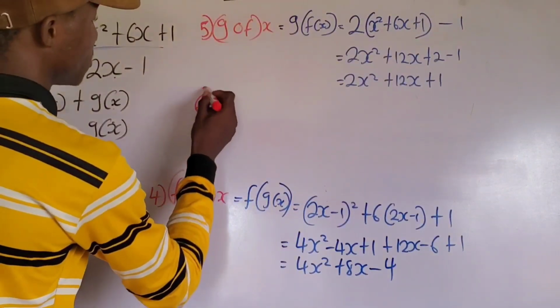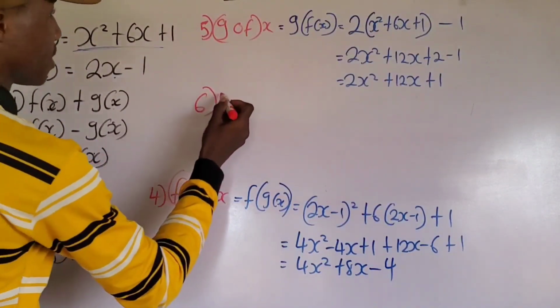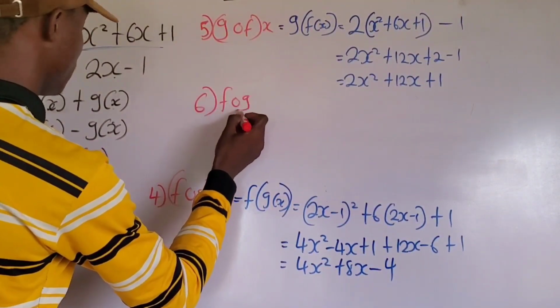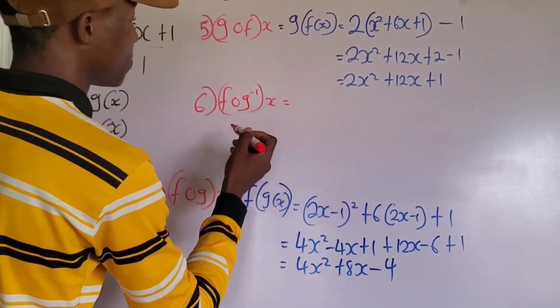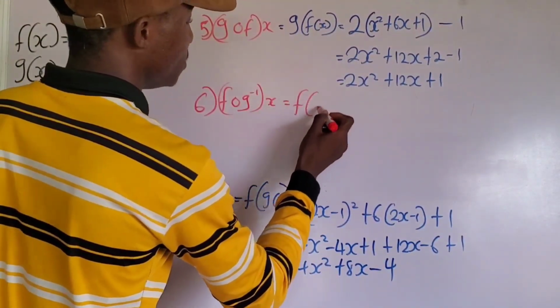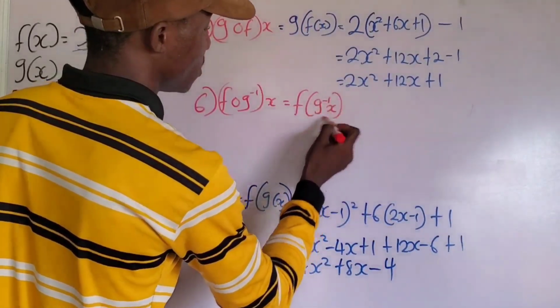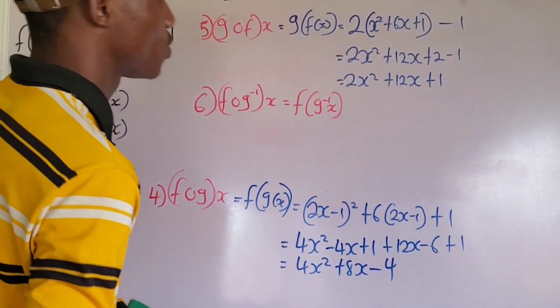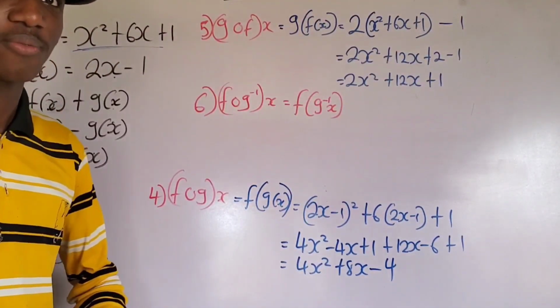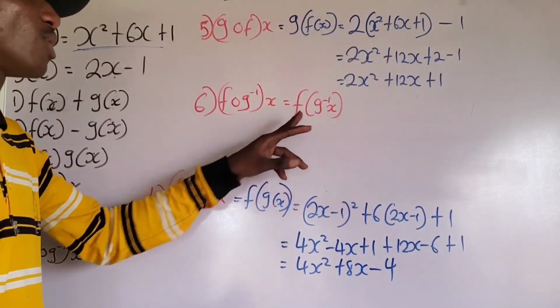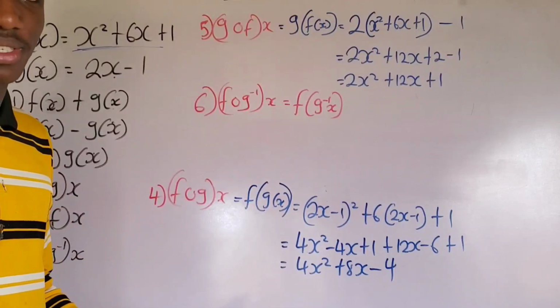For question 6, we have f of g inverse of x. This simply means f of g inverse. You understand? So what we are going to look for, we first have to determine the inverse of g(x). It is that inverse that we're going to substitute inside the function f(x).